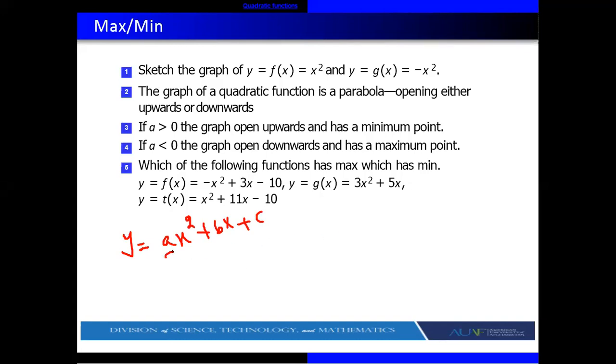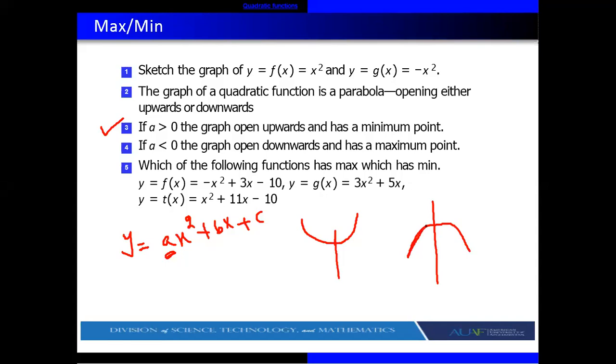So when a is positive, positive means when a is greater than 0, so what will happen? Actually, parabola will open upward like this one. When a is negative, less than 0, so parabola will open downward like this one.